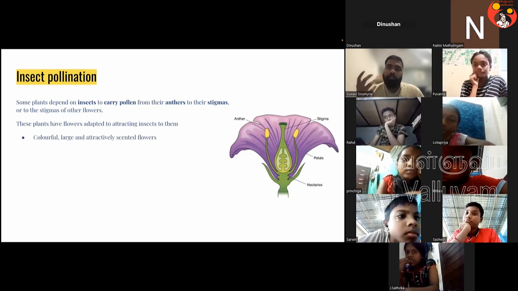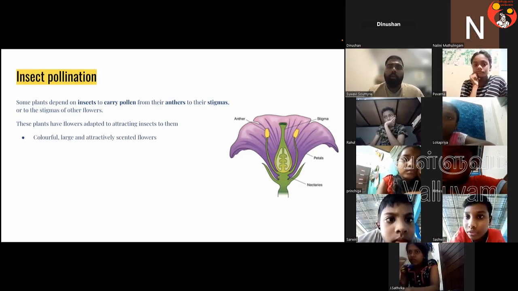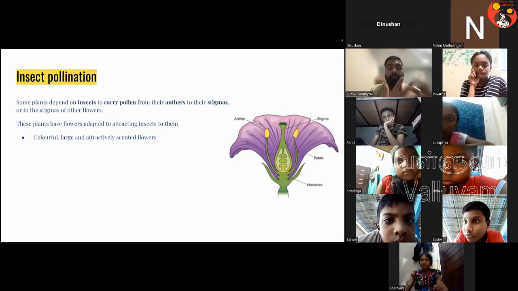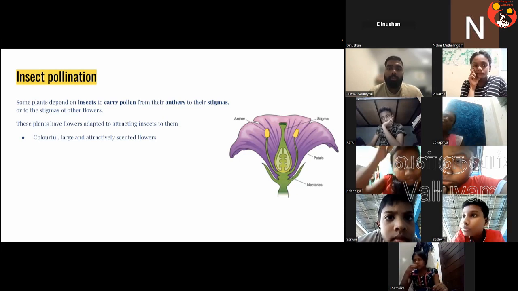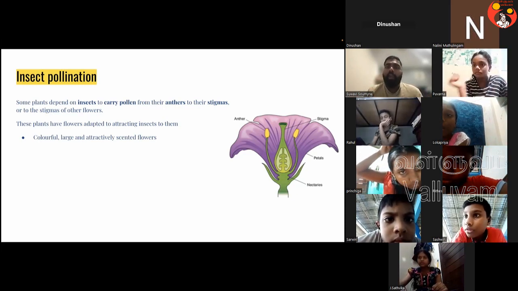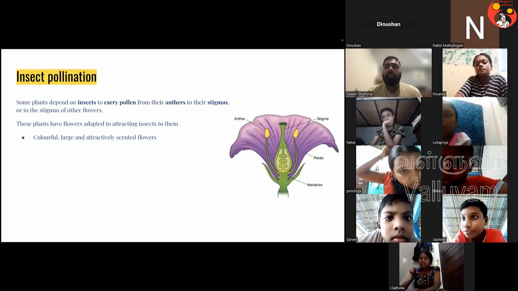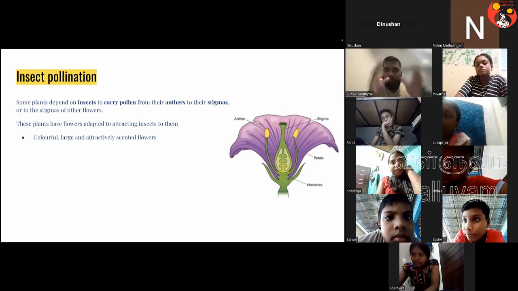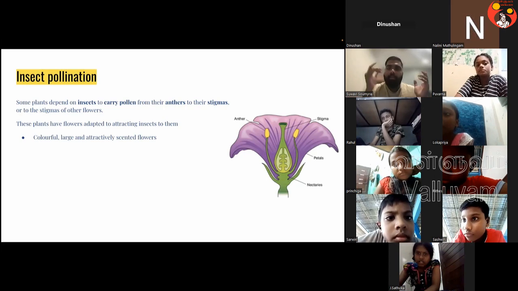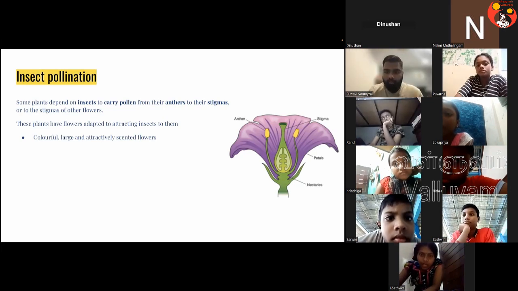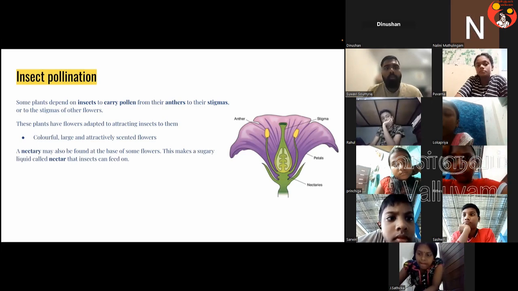In these scenarios where insects play a vital role in this movement, the flowers are adapted very specifically to be more colorful, to be larger in nature, and to have a stronger scent, right? So all of those things are designed to attract insects inside the flower, which then creates the movement of the pollen both within the flower into its own stigma and across different flowers into other stigmas.